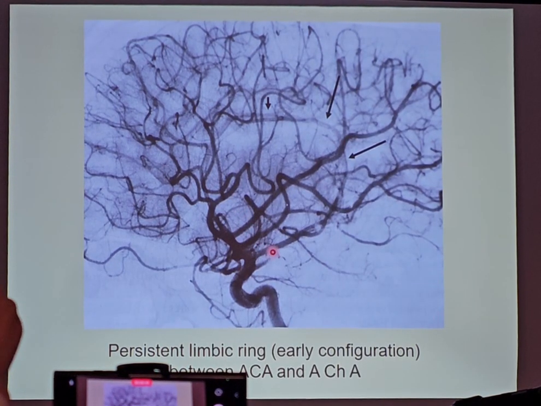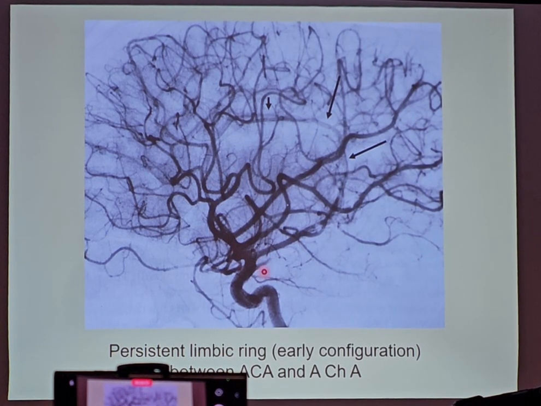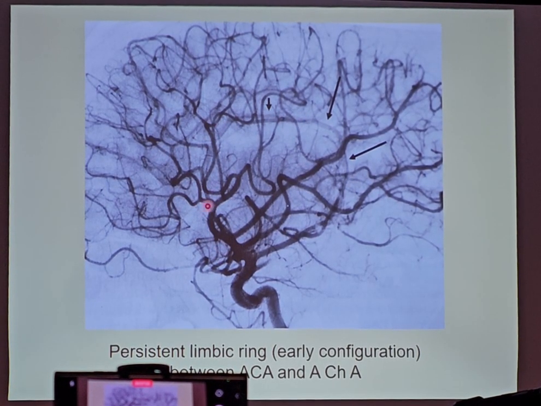In some people this limbic ring, this early configuration, can persist. This is the posterior communicating artery, this is the anterochoroidal. You can see the anterochoroidal is still visible all the way around, and eventually would hook up to the anterocerebral artery to form this limbic ring.